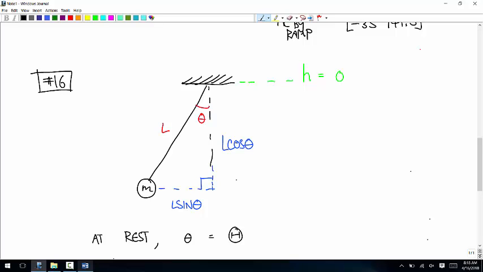But it doesn't matter, because even if the potential energy is negative for everything in your problem, all that matters is that change in potential energy, and that would still be positive if the thing is going up and negative if the thing is going down. So potential energy can be negative or positive. It just depends on where you choose your 0 height. Question?